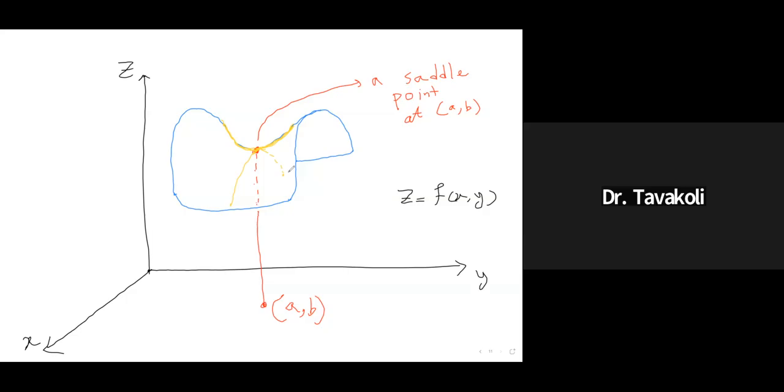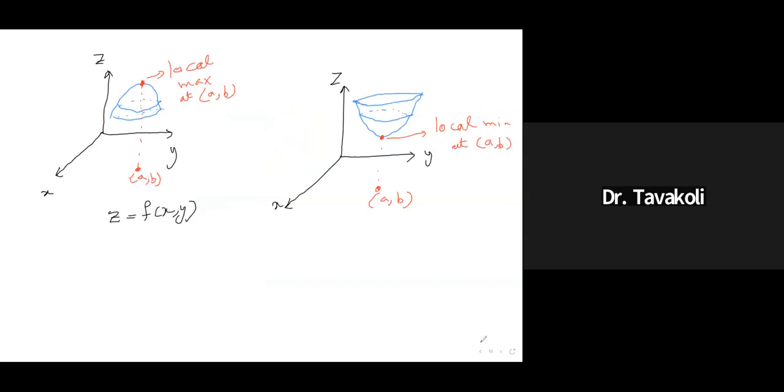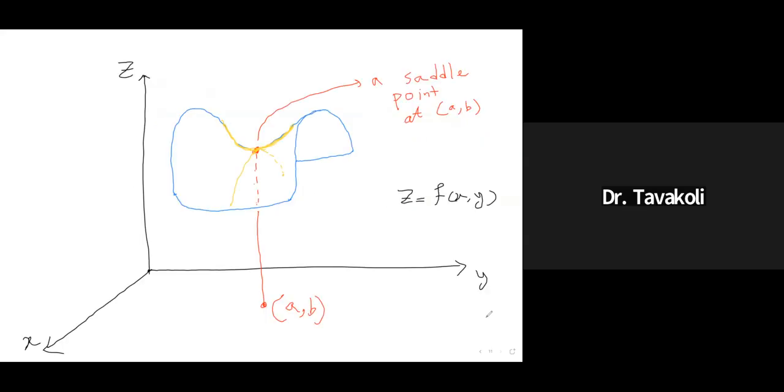These kind of points are saddle points. So in a graph, sometimes it's possible that we might have local max, local min, or a saddle point.